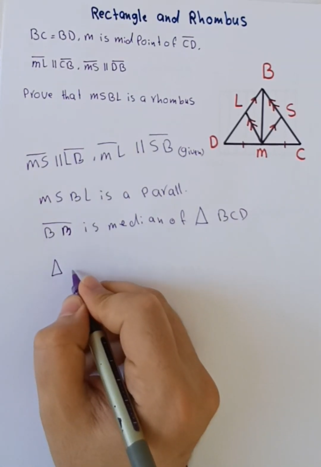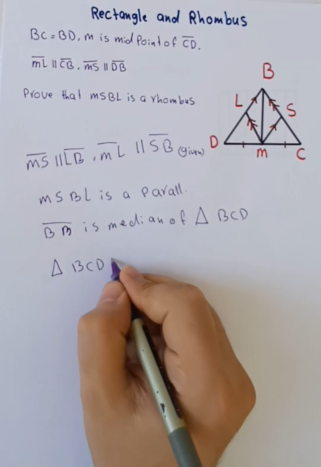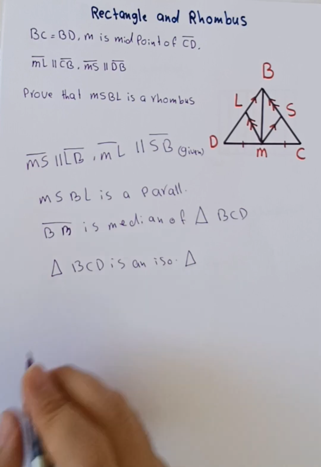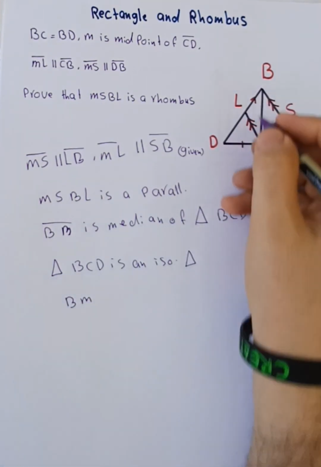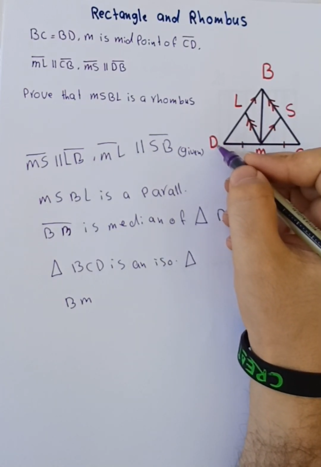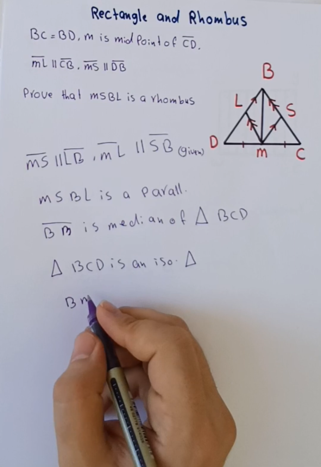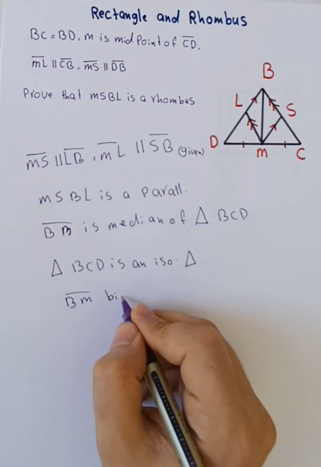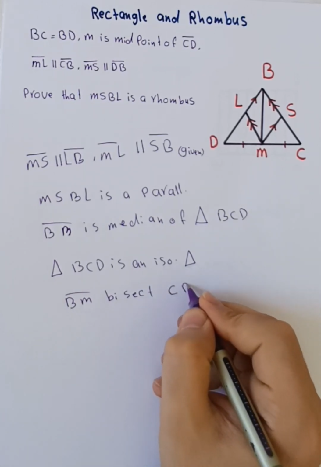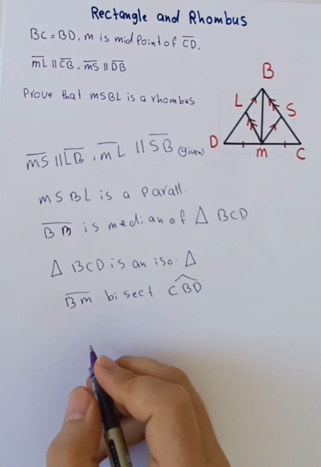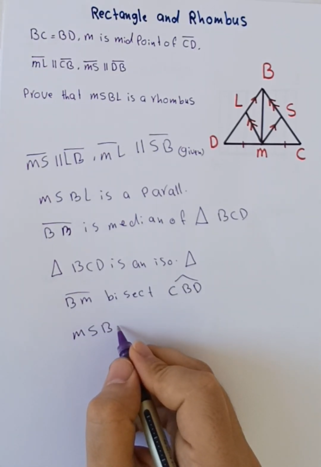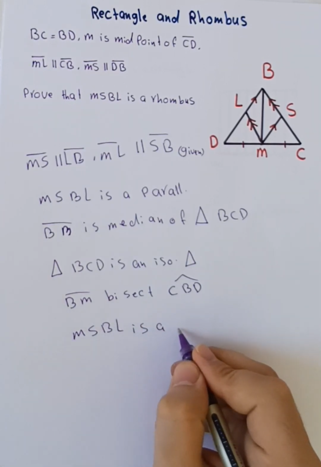So triangle BCD is an isosceles triangle. So you can say BM bisects this angle B, angle CBD. So we can say MSBL is a rhombus.